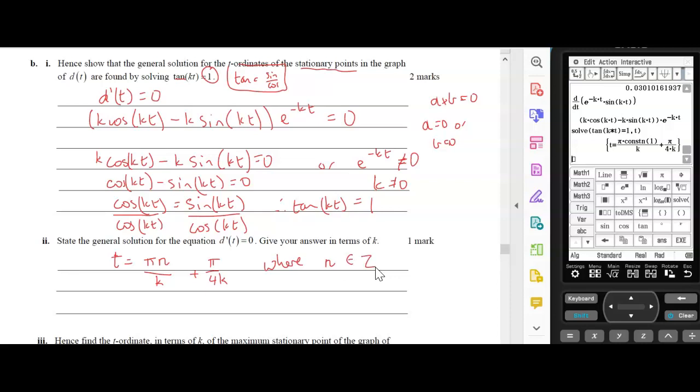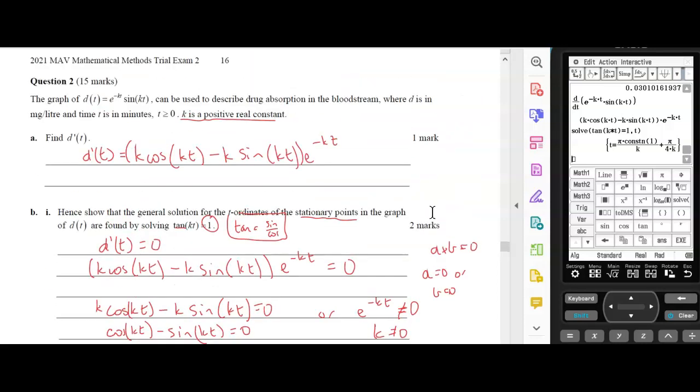So when you're doing any general solution, you need to not only give the solution, but write at the end where n is an element of z, so where n can be any integer. I did just check the answer, and we do have restrictions on t, which I probably should have realized. So t has to be greater than or equal to 0.